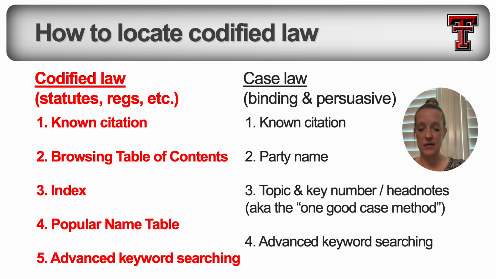So, for instance, let's say you're looking at a particular statute, you know only its popular name. Let's say it has to do something with the Affordable Care Act somewhere in that area, and you don't know the official legal title, but you do know that short popular name, right?